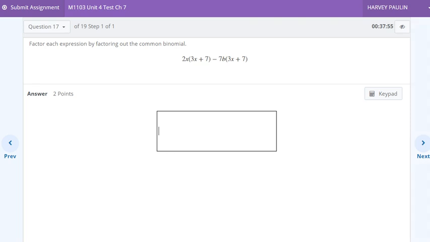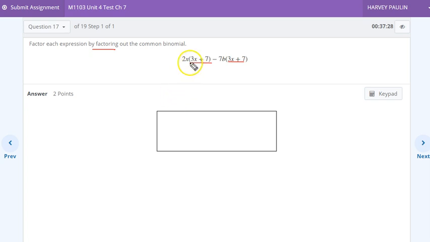Now, we did one where we had to factor by grouping, but here they're asking us to factor this, and here our common factors are a binomial. So what some of you do is you multiply here. They're not asking you. They're asking you to factor.